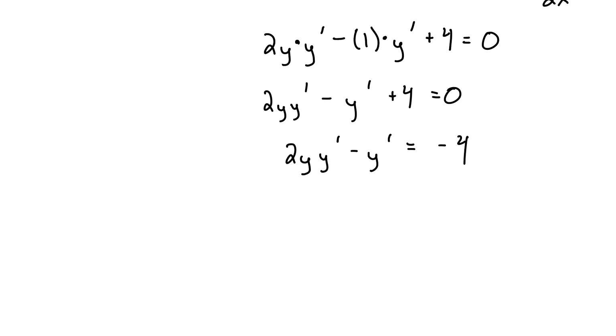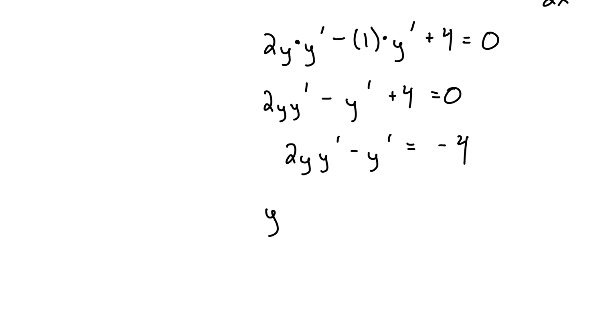Now if I look at this left-hand side, this first term, 2y y prime, has a factor of y prime. My second term, y prime, also has a factor of y prime, so I can factor out that y prime.